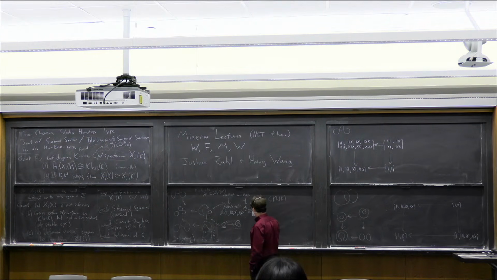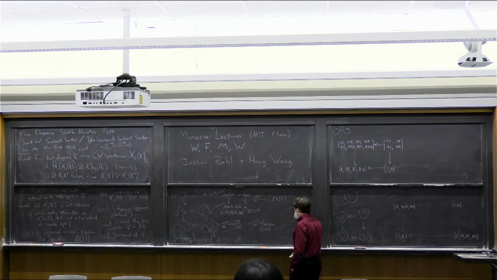I'm then going to turn that into a functor from 2 to the n to spectra. Think spaces. And finally, I'm going to take some sort of total complex or iterated mapping cone and produce a space, X of K.